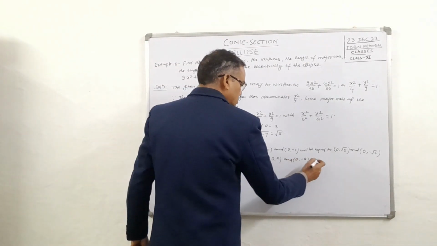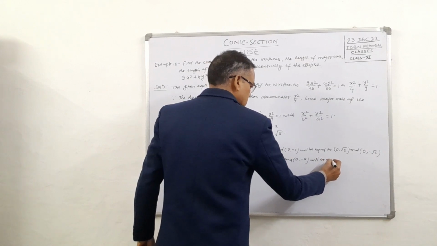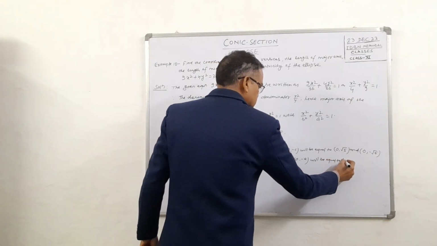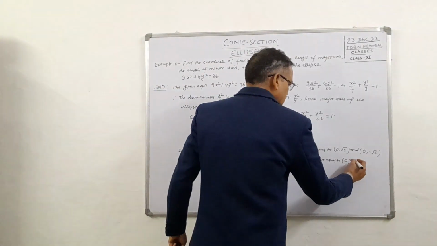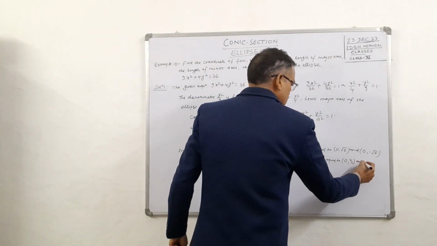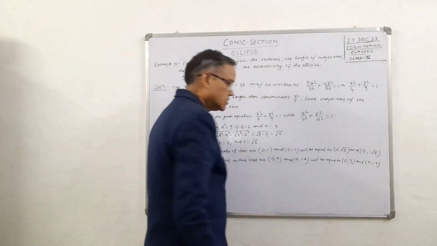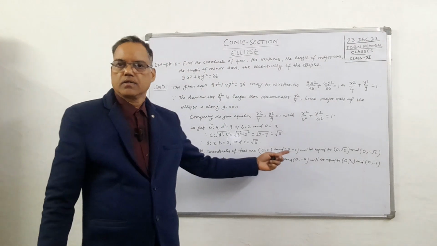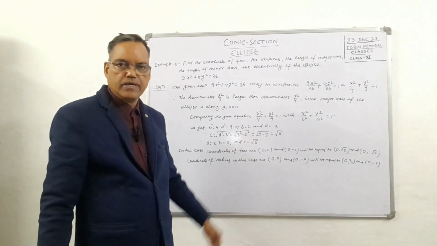So this will be equal to 0 a की वैल्यू कितनी है, that is 3, and 0 minus 3. ठीक है. Now we got the vertices and foci.